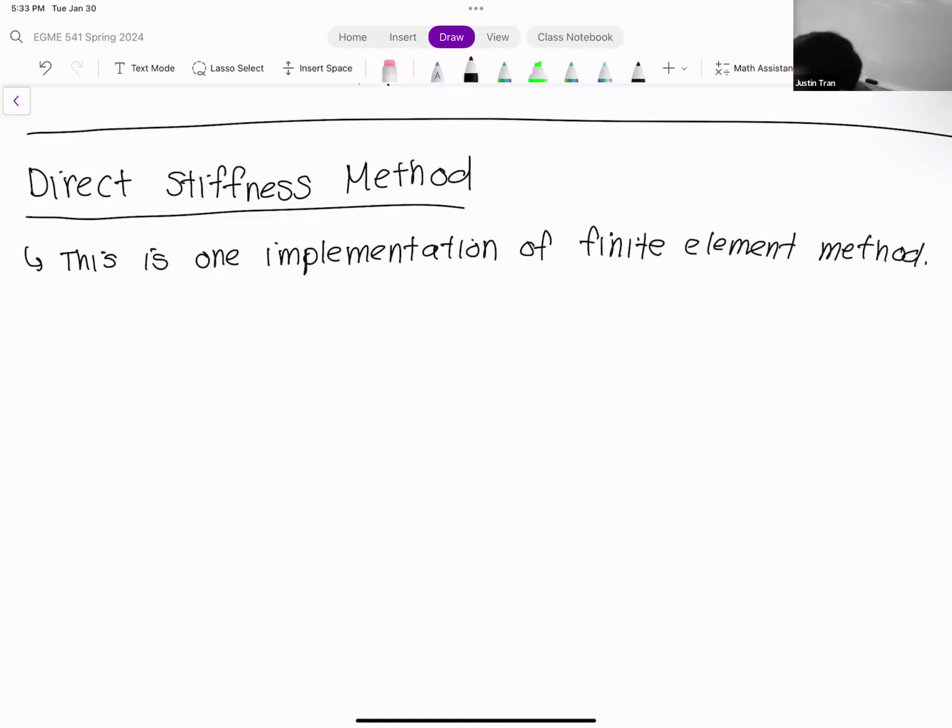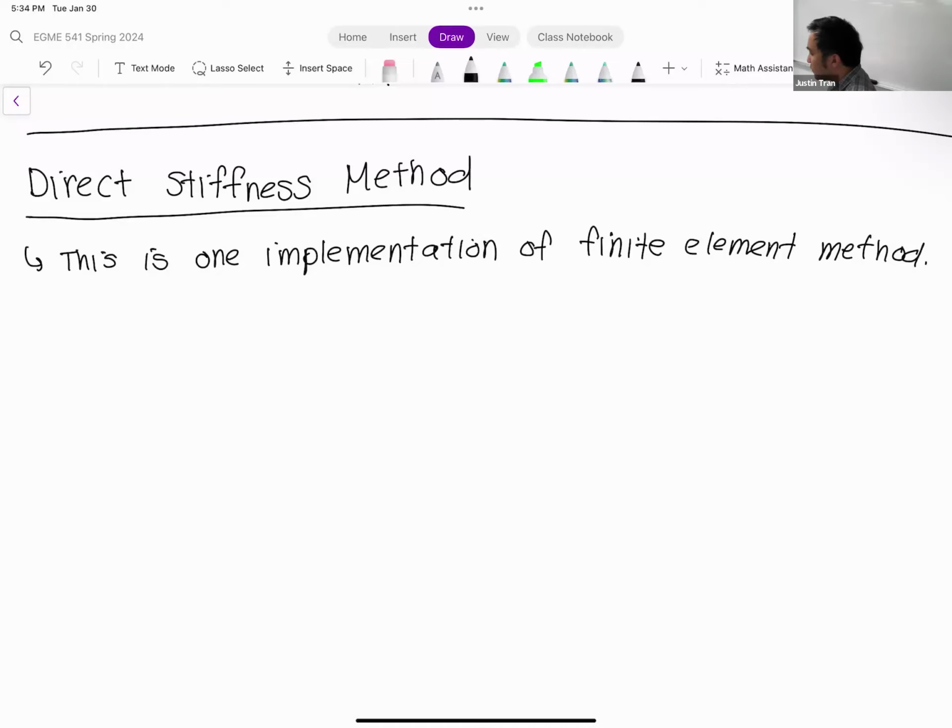Despite its name, there are actually multiple different ways to implement the finite element method. The finite element method is a general term for any way to transform a differential equation to an algebraic one. Okay. And the direct stiffness method is the first one that we talked about. We're going over it mostly for educational purposes. The direct stiffness method doesn't have a lot of practical uses.